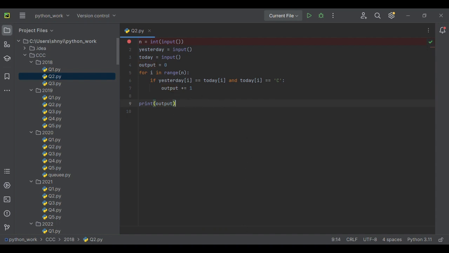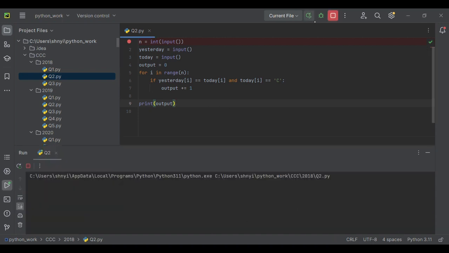So the output would be, first, CC.CC, and then CC.C, then .CC.C.